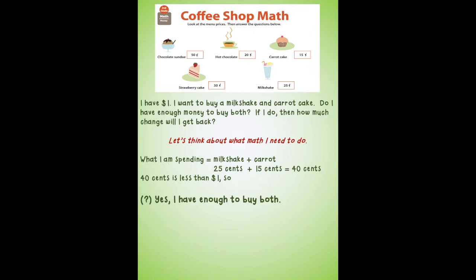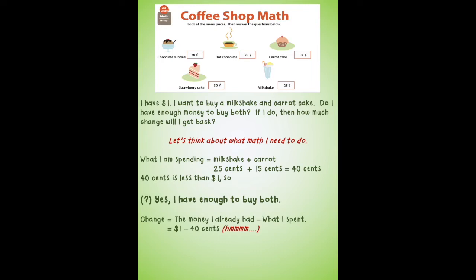The next part asks about how much change I'm going to get back, so I need to think about the math of figuring change. Well, change equals the money I already had minus what I spent. $1 that I already had minus 40 cents that I'm spending. Wait a minute. I can't just do 1 minus 40. Oh yeah, I gotta change my units to be the same.